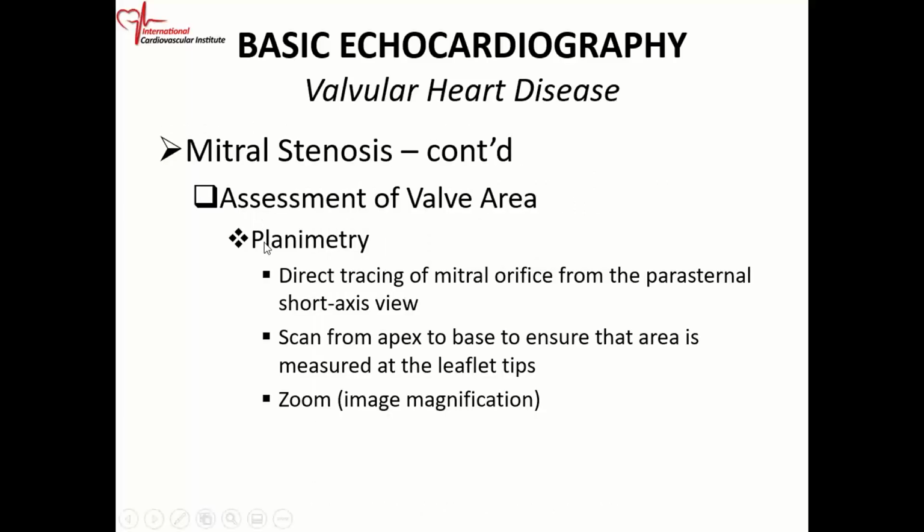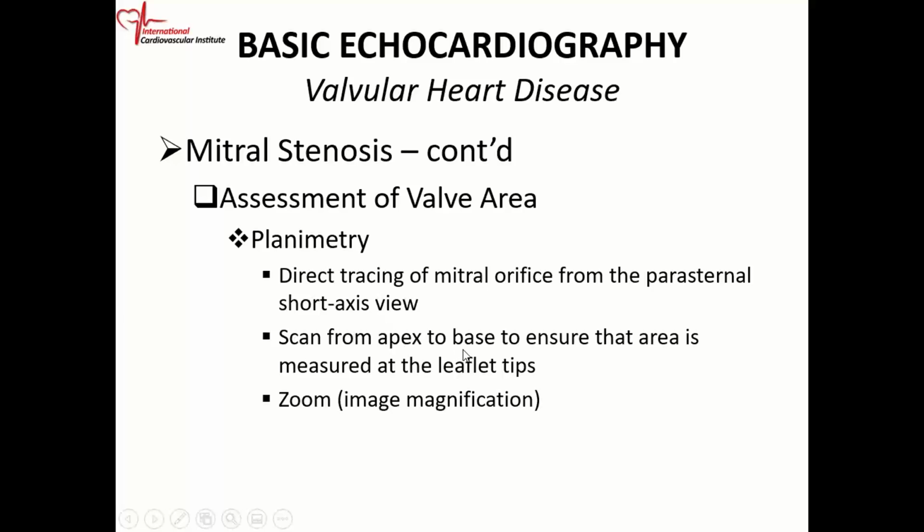Planimetry, the limitation of planimetry, as mentioned before: when there's commissural fusion, you get a conical shape of the valve. You want to get the most restricted area, so you're going to scan down until you get that little tip, okay? You're going to do that in the short axis view.